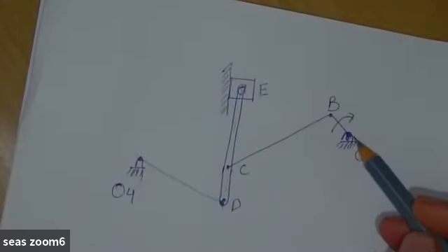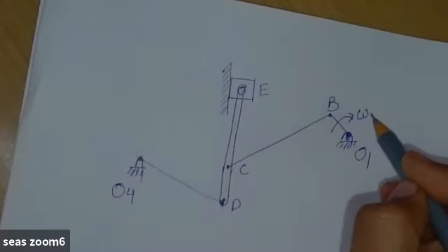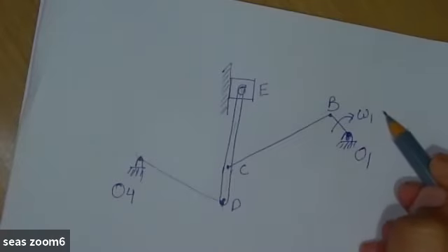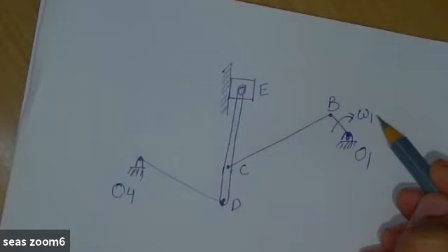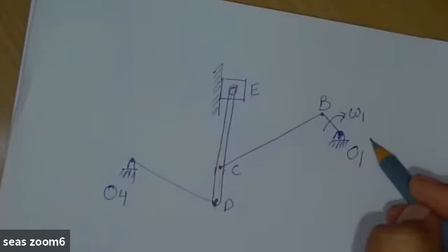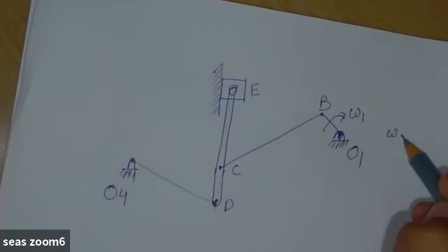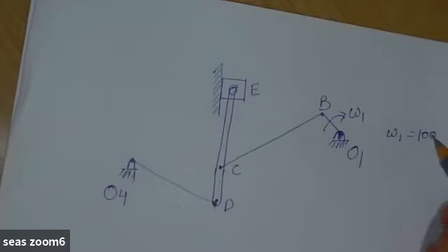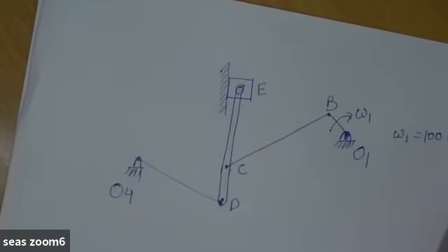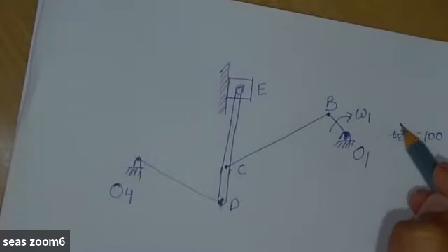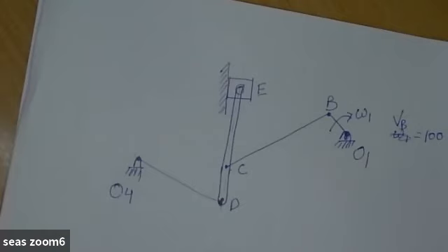Let's say the speed of this crank is given, this omega 1 is given, and let's say it is 100 inch per second, the velocity of B. So this is not omega, but let's say VB is given as 100 inch per second.